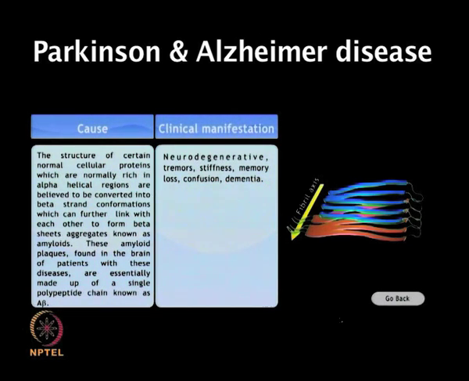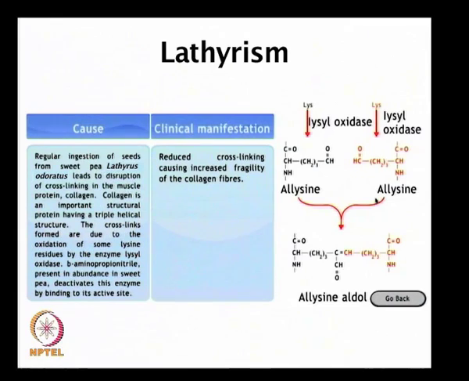These amyloid plaques, found in the brains of patients with these diseases, are essentially made up of a single polypeptide chain. The clinical manifestations include neurodegeneration, tremors, stiffness, memory loss, confusion, dementia, etc.